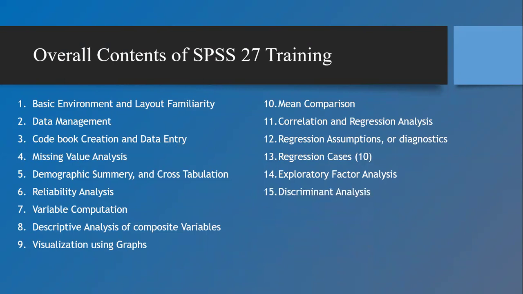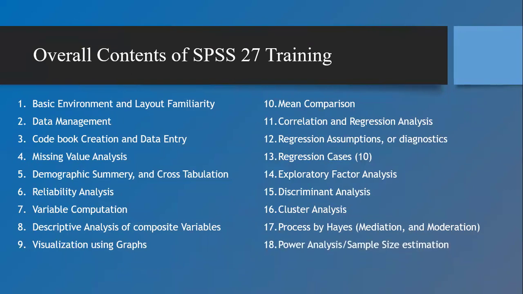We may have discriminant analysis and cluster analysis as advanced techniques, and we might have PROCESS by Hayes for mediation and moderation analysis. And last but not least is the power analysis and sample size estimation. So these are the contents that we will cover in the upcoming 30 days for SPSS 27.